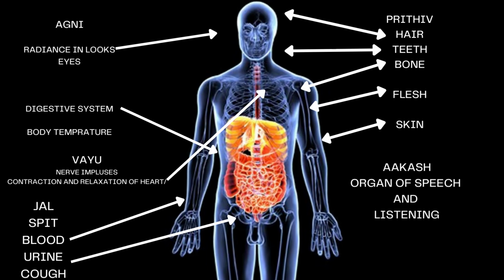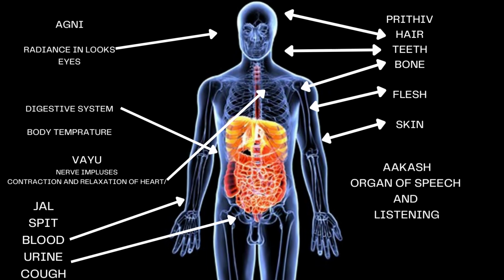Vayu Mahabhuta. Vayu Mahabhuta is present in nerve impulses, contraction and relaxation of the heart, inhalation and exhalation, and blinking of eyes. Now, why are all these functions considered in Vayu? Because Vayu's nature is chalatva, meaning movement.